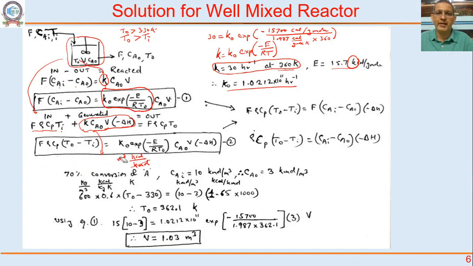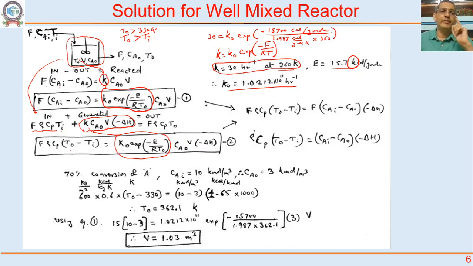We are writing the rate at which enthalpy comes in, the rate at which enthalpy is generated, and the rate at which enthalpy is going out. Right? I can rearrange this a little bit and get F rho Cp (T out minus T in) must be equal to K naught exponent of minus E by RT naught, again this K can be replaced in terms of K naught exponent of minus E by RT naught, Ca out V minus delta H. Right?